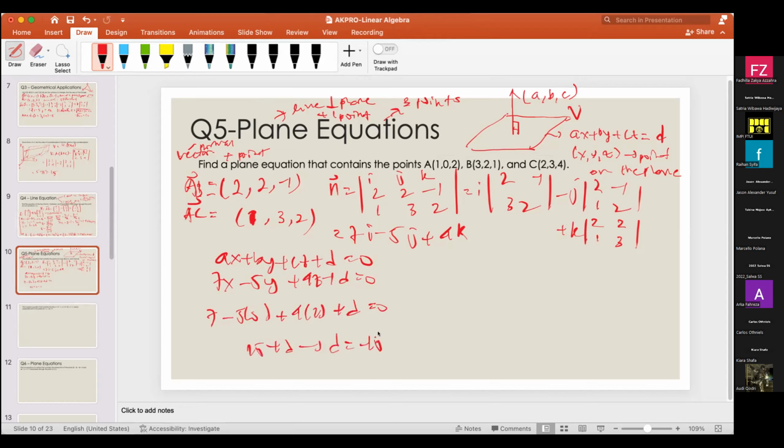D is negative 15. Hence, your plane equation is 7x minus 5y plus 4z minus 15 equals to 0, or 7x minus 5y plus 4z equals to 15. Okay.